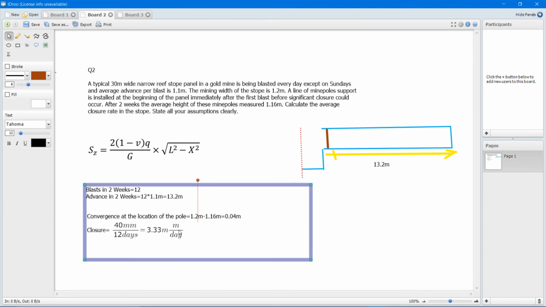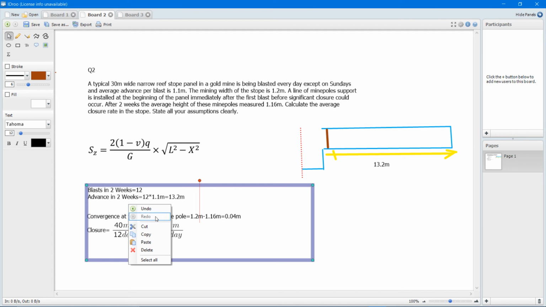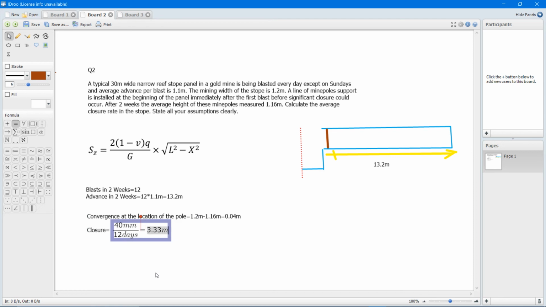So that's our closure rate in, okay, sorry, let me just fix that quickly, millimeters per day.